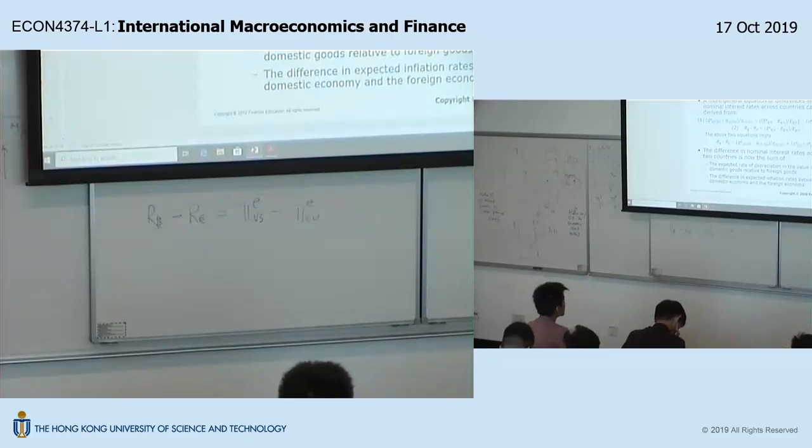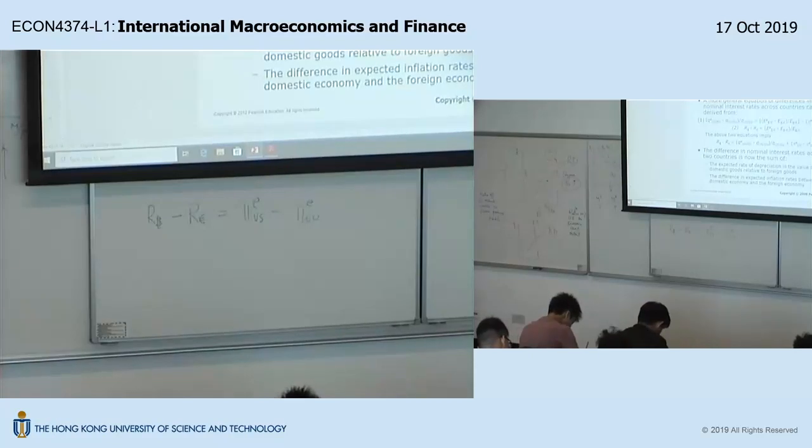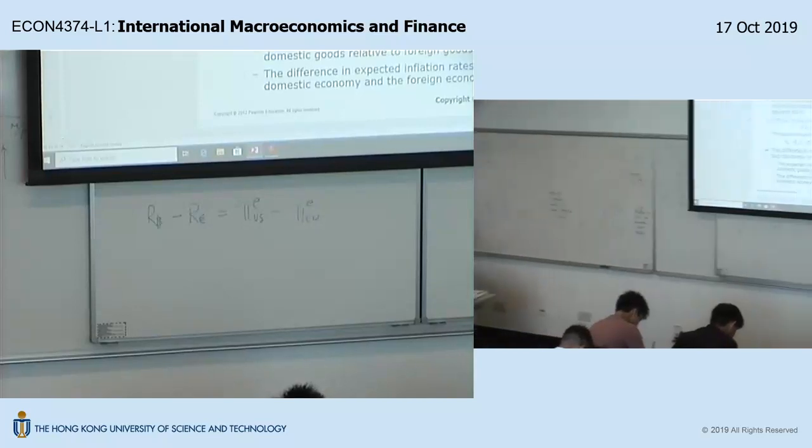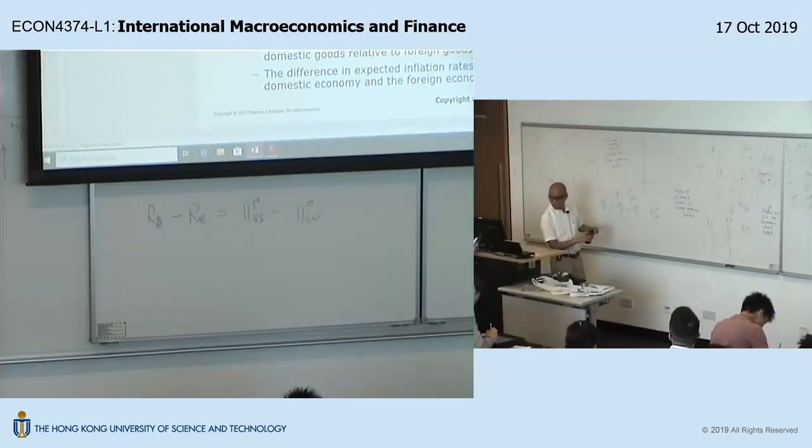So the delta E over E, the percentage change in E, is equal to the percentage change in Q plus the percentage change in P minus the percentage change in P star. If everything is an expectation, then you would get that first equation.